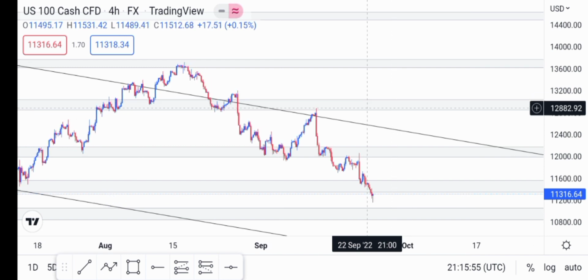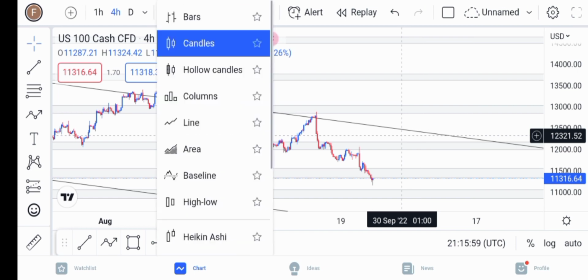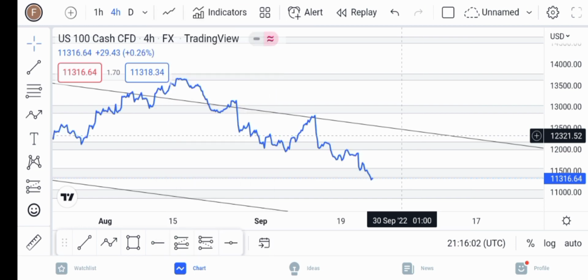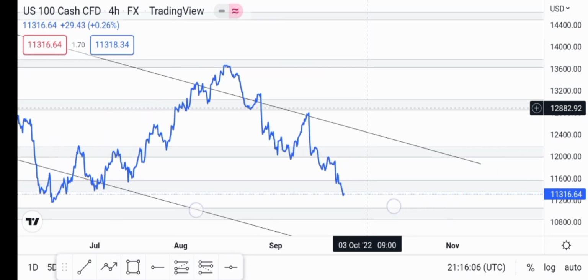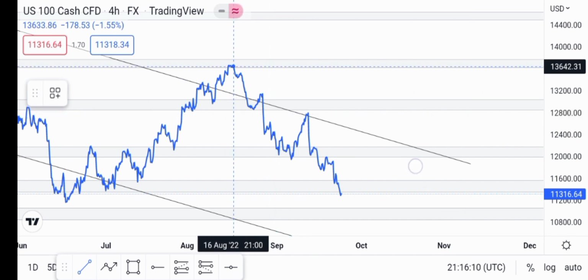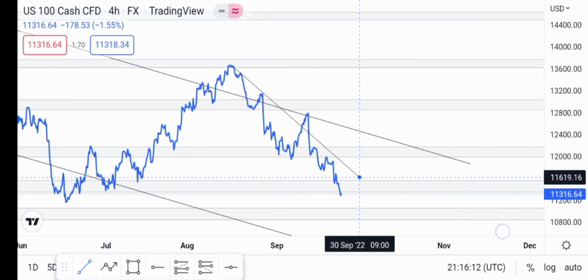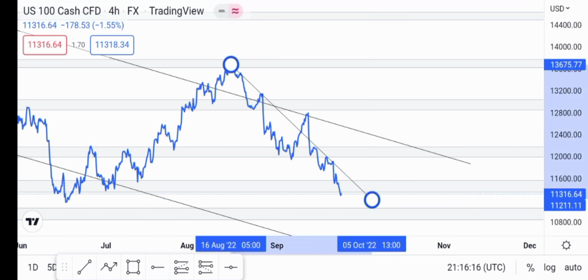Okay, so let us move to the line chart again. Analyzing NAS100, I'm using the body of the candlesticks in order to get the direction, because if I try to use the wicks, it will be a bit harder for me to obtain those directions. So that's what I have here.